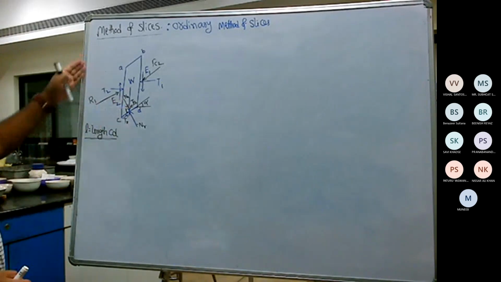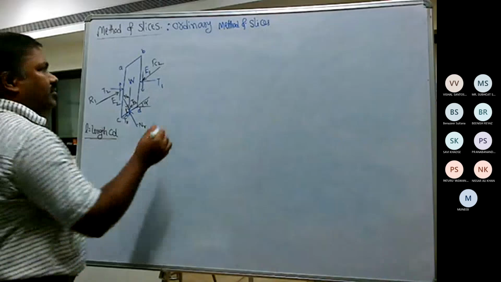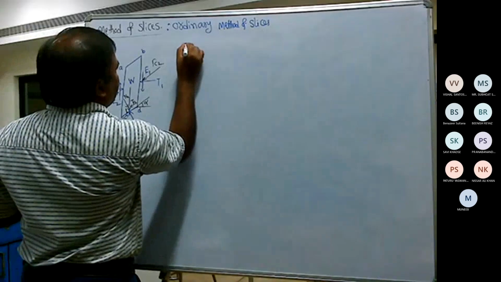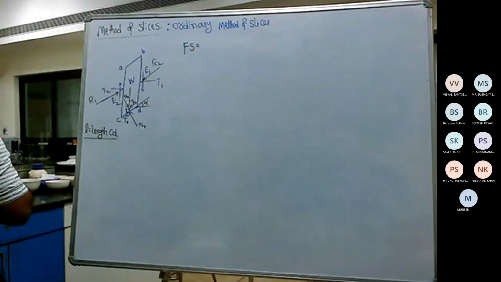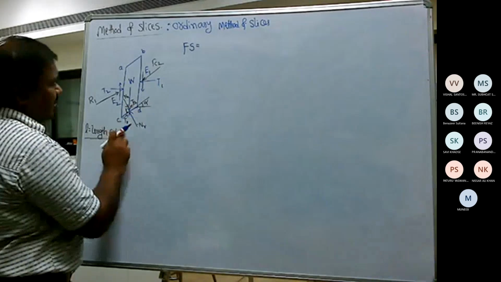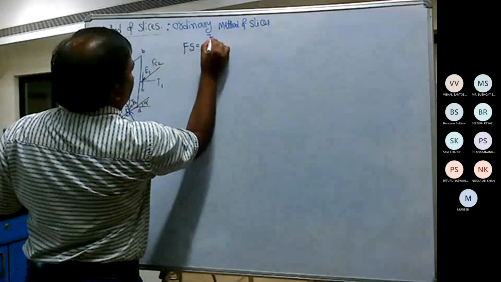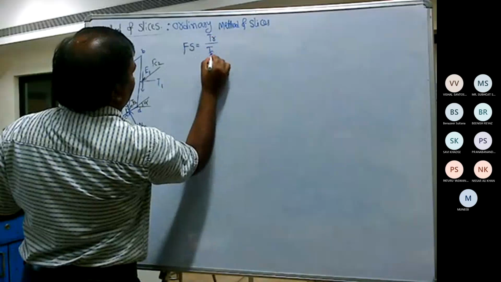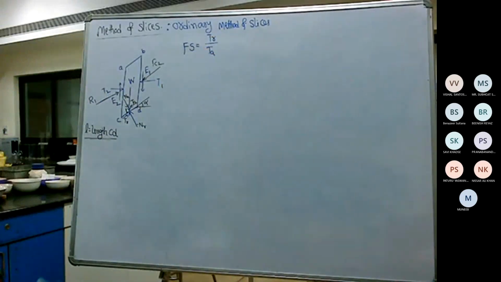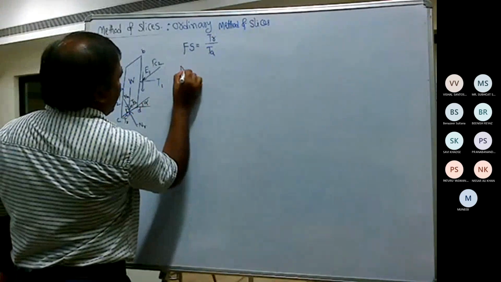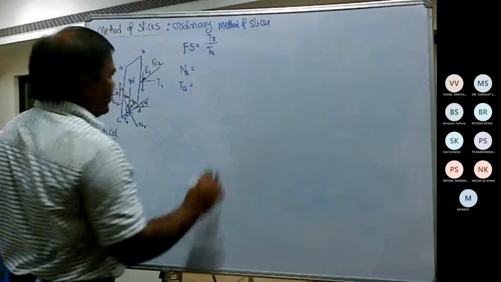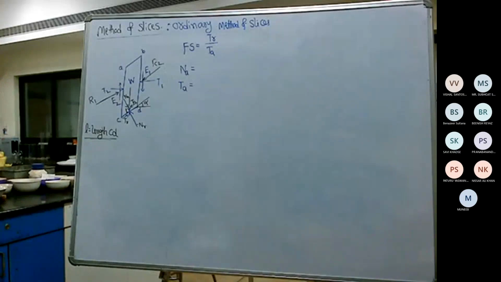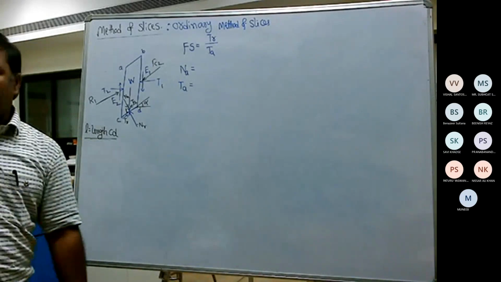Okay. So now consider the moment equilibrium. Or simply if you take the factor of safety, it is straightforward that it is TR by TA. Or else you try to resolve the forces. How do you write the NA and how do you write the TA in terms of W?